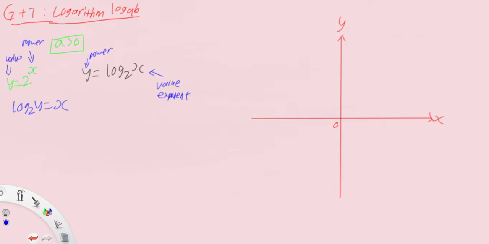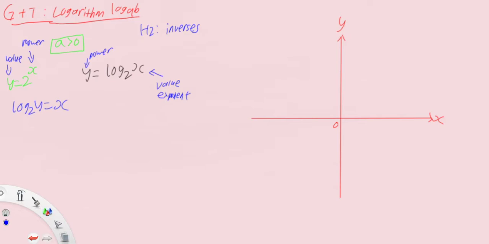What you notice is that from y equals 2 power x to y equals log 2 x, x becomes y and y becomes x. So for the H2 Maths students, they are inverses of each other. I think I've already talked about inverses in functions, so you can check out those videos. But ultimately, if x becomes y and y becomes x, they are inverse functions of each other.